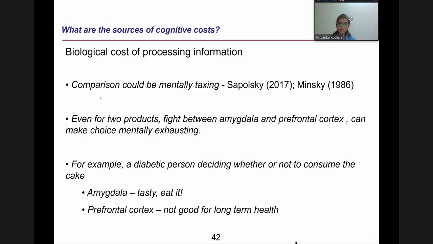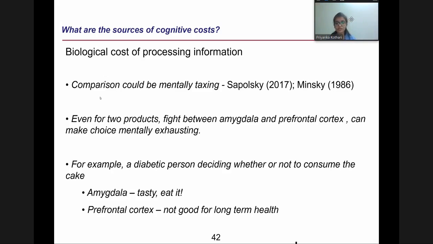We have three parts in our brain. The ones I'm talking about are the amygdala and the prefrontal cortex. The amygdala is the oldest part of our brain, and it is very instinctive. So it says, hey, that cake is very tasty. It will give me a lot of happiness. Just eat it. And the second part that I'm talking about is the prefrontal cortex.